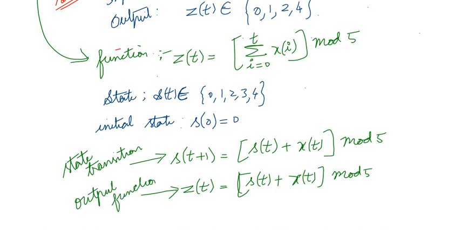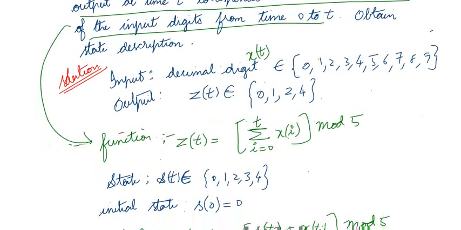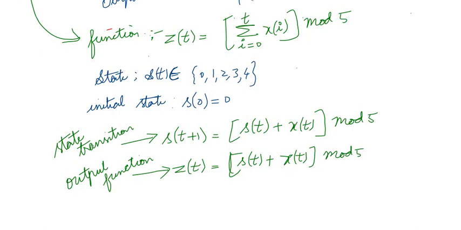We have described this in equation form. The important thing is we have to understand the question, then write the function, then write the transition function. Here we have taken the outputs and the states as the same, so of course we get the same equation for both the state transition and the output function.